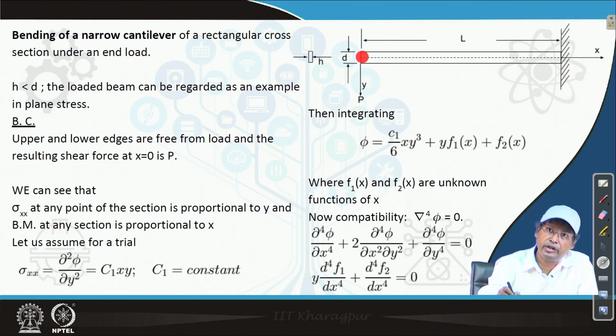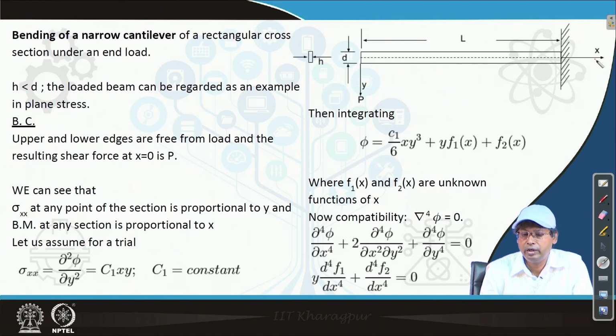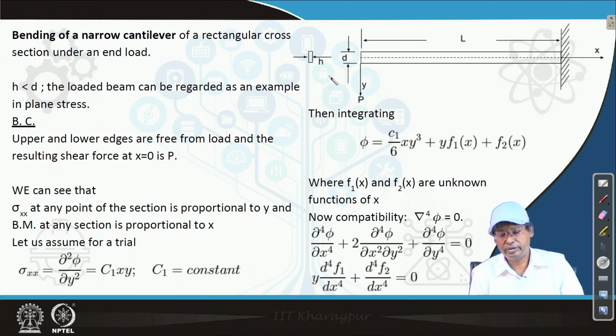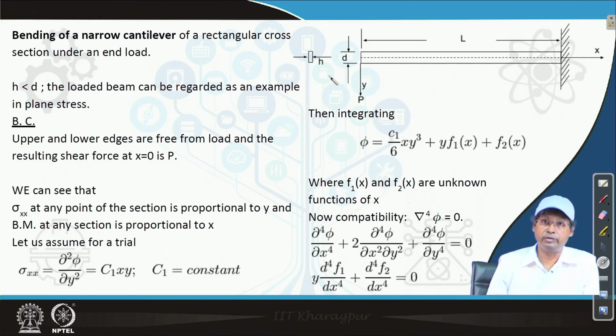At the center of the beam, we have assumed the origin, x is going this way and y is coming downward. The section dimensions are h, B, and this is D.